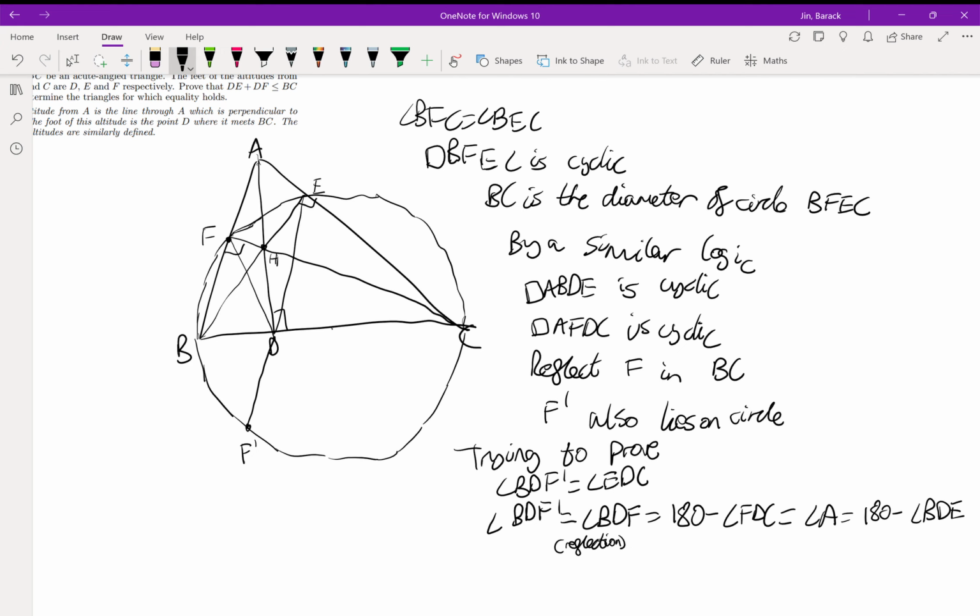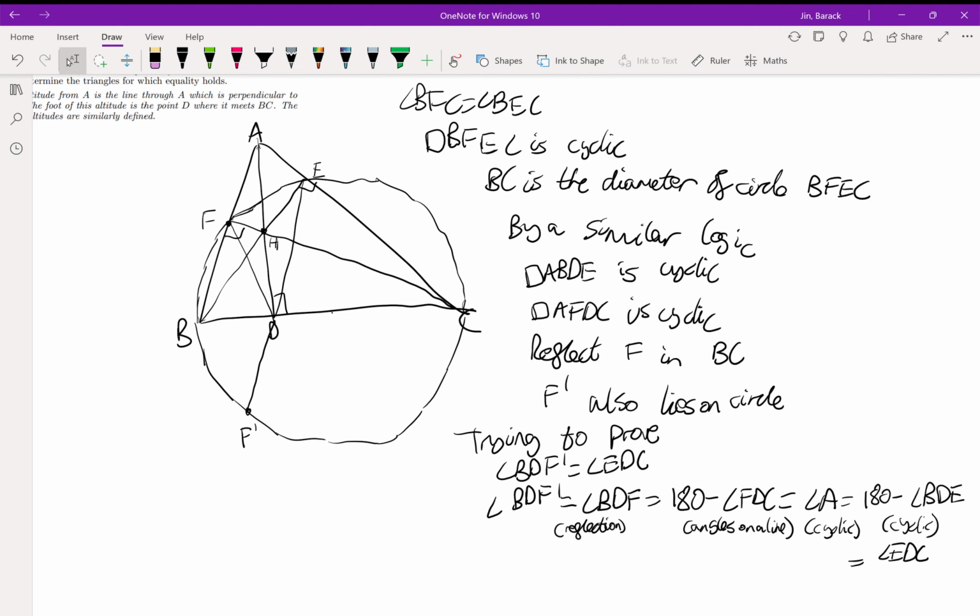So I'm going to write here reflection. It's always a good idea to write down your reasoning. Angles on a line, cyclic, and this equals the angle EDC. So all of these angles are the same, which means we proved this.